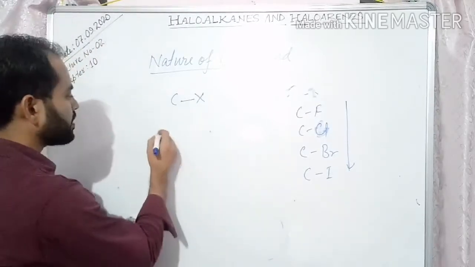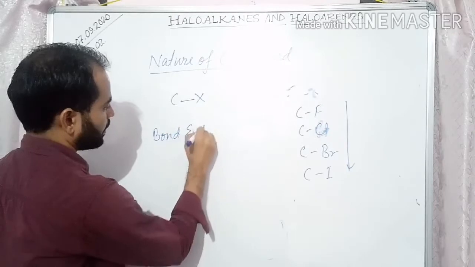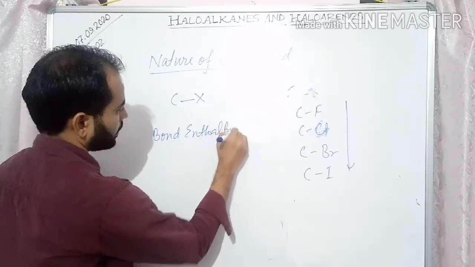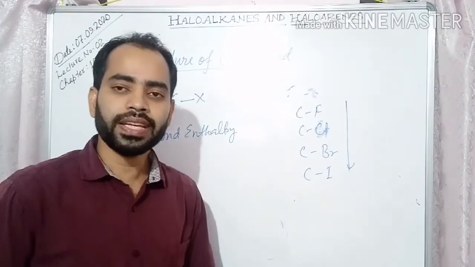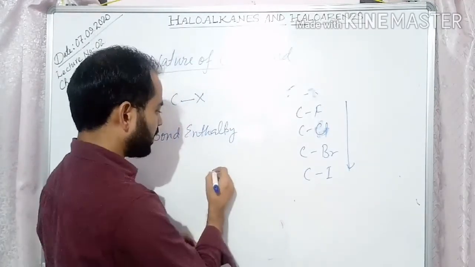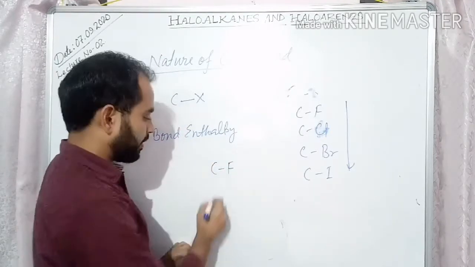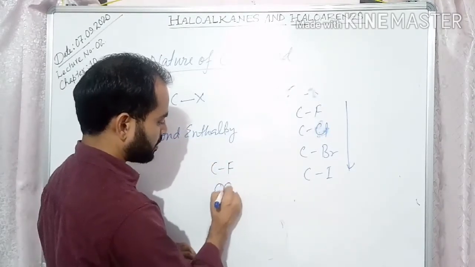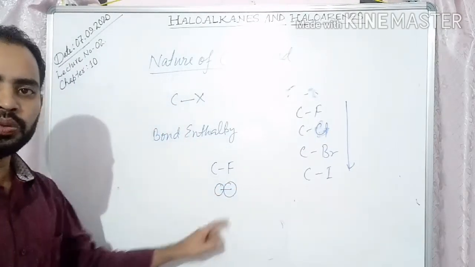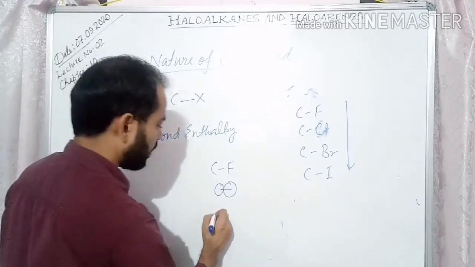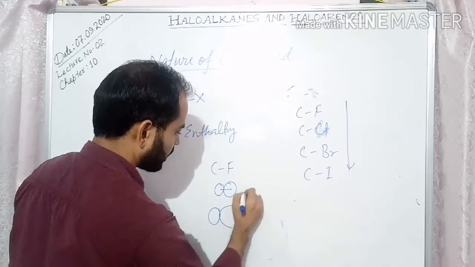Now another parameter is bond enthalpy. Bond enthalpy is nothing but the energy required to break a bond. Suppose in carbon and fluorine, this is carbon and this is fluorine. This is the distance between these two, that is the bond length.